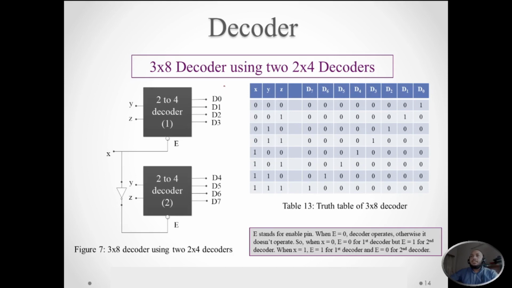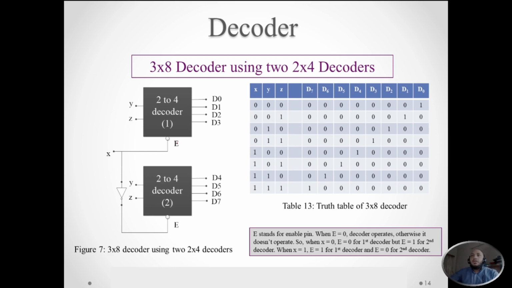Now you can easily design a 2:4 decoder. When YZ is 0 0, we will get the first output as 1. When YZ is 0 1, we will get the second output as 1. When YZ is 1 0, the third output will be 1, and for 1 1, the fourth output will be 1. Similarly for this decoder.